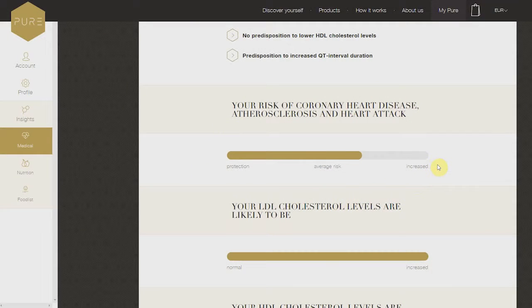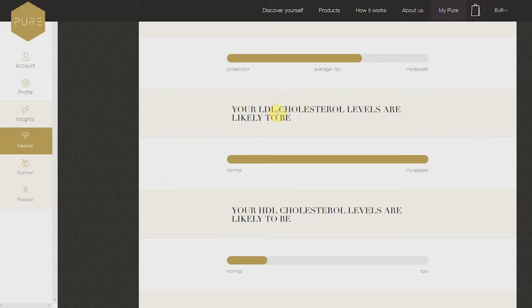So this bar essentially tells you the importance of cardiovascular prevention, and the higher it is, the more important preventive measures are for you to stay healthy. Then going on to the next, your LDL cholesterol levels are likely to be. LDL cholesterol is low-density lipoprotein cholesterol, and this essentially is the bad cholesterol. So you want to have very low levels of this kind of fat in your bloodstream.